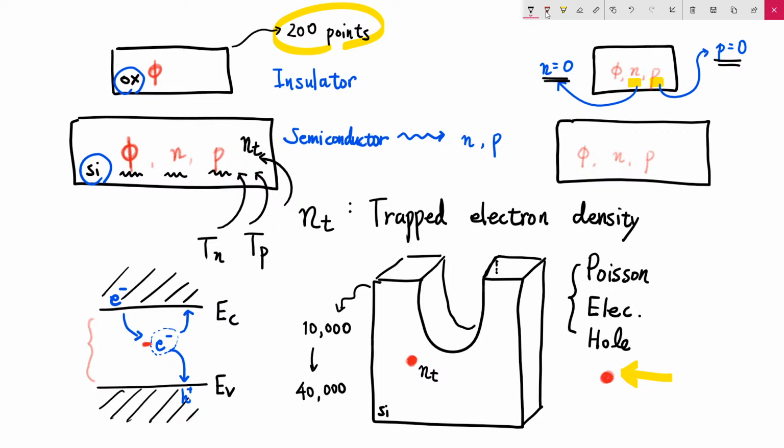No. I think the reasonable way is to have 30,000 plus one unknown variables. Only one additional unknown variable out of this single trap is sufficient for our purpose.